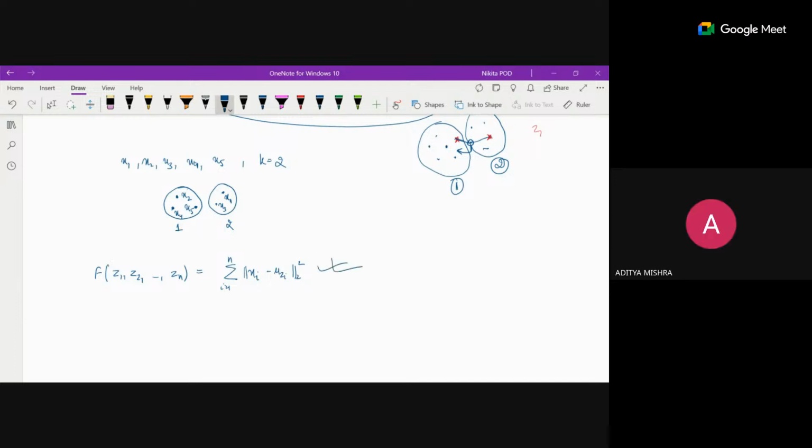Excuse me, ma'am. One question. How do you determine the k? How many clusters? Yeah, that is something where we will need cross validation, and we have not looked at it yet. Cross validation is something that we'll study only in week 6.